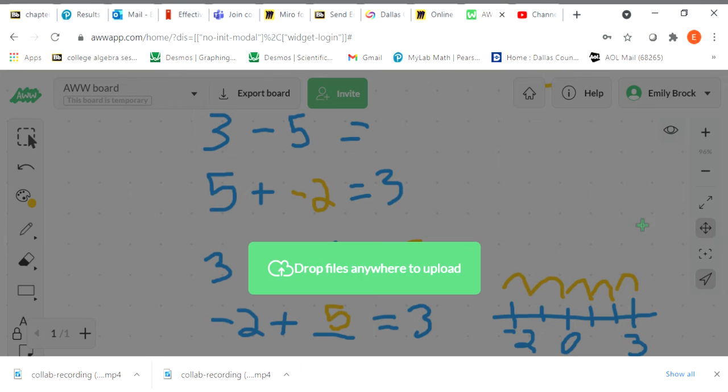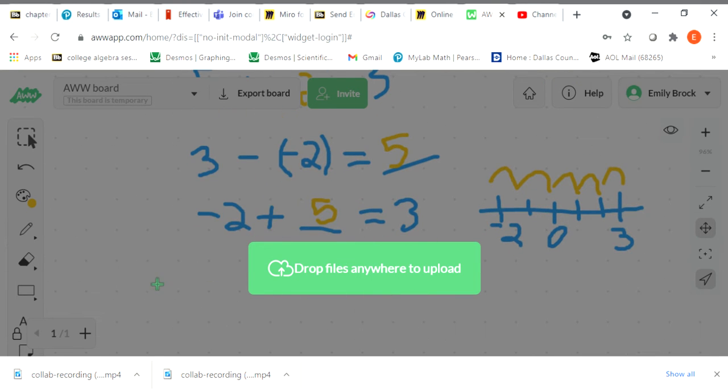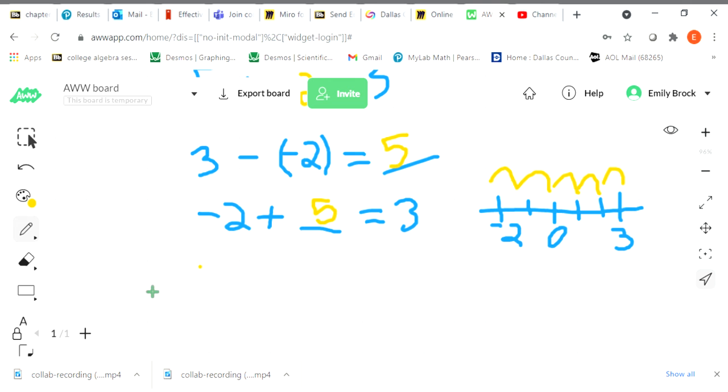Oh, it did that again on me. Okay. What did I do to get that to go away before? Okay. So let's say we have, oh, let me go back to the other color. How about negative 4 minus negative 5?